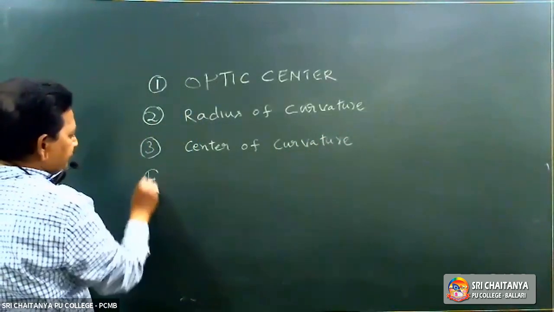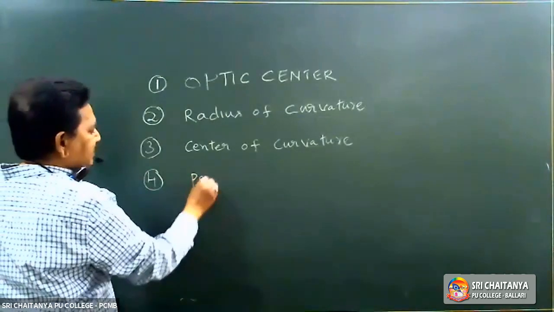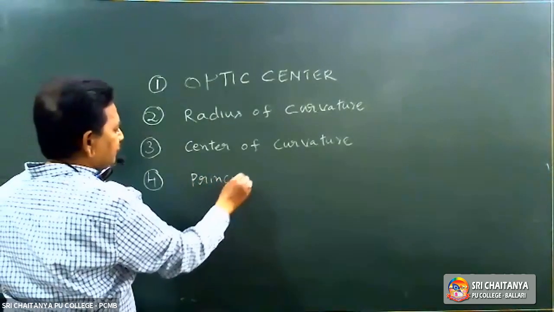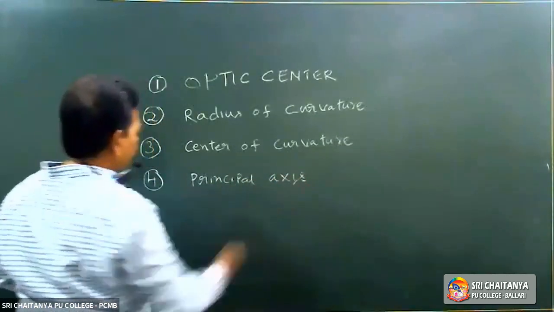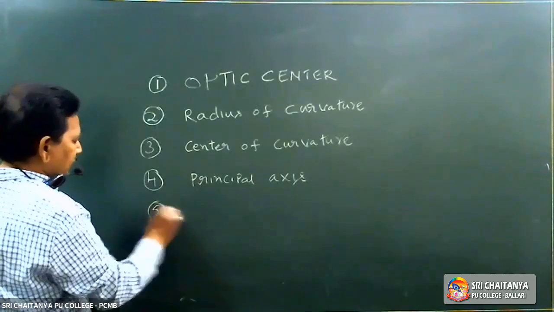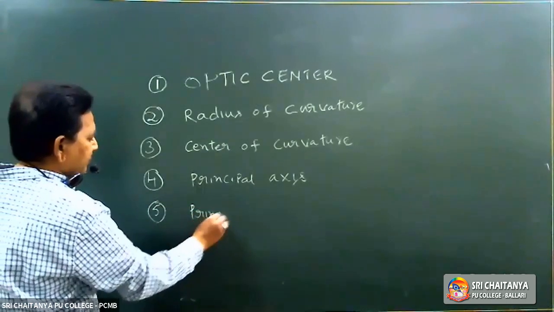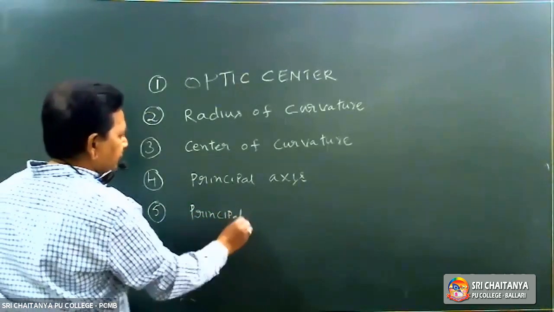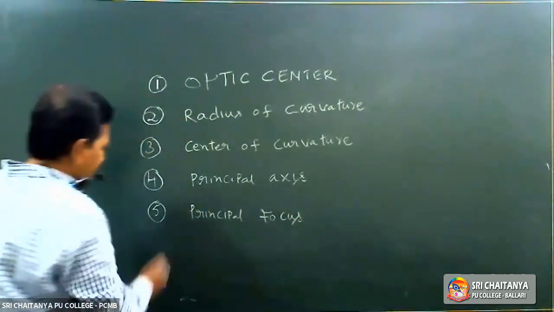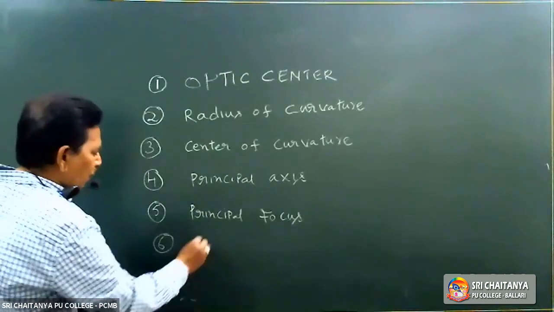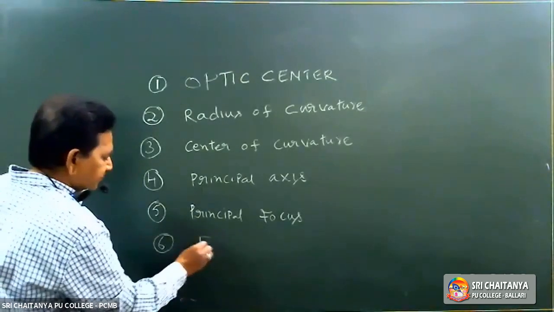Fourth one, principal axis. Fifth one, principal focus. Sixth one, focal length of the lens.